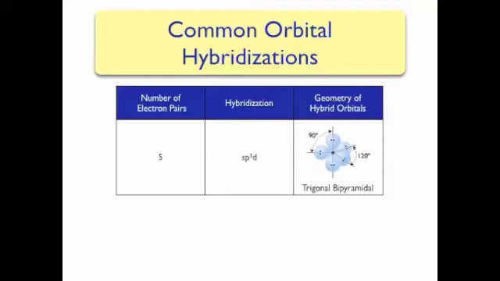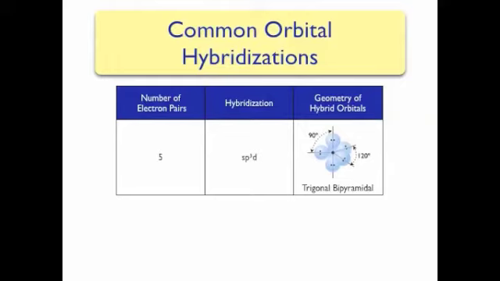If there happens to be 5 electron pairs around an atom, we will need to involve d orbitals in our hybridization. To accommodate 5 electron pairs, we will need to have sp3d hybrid orbitals. These orbitals will adopt a trigonal bipyramidal geometry.